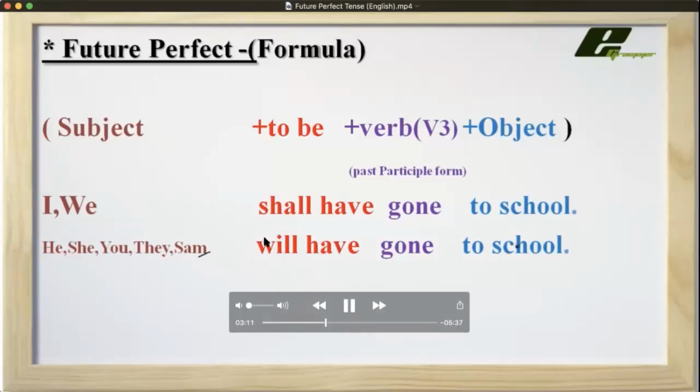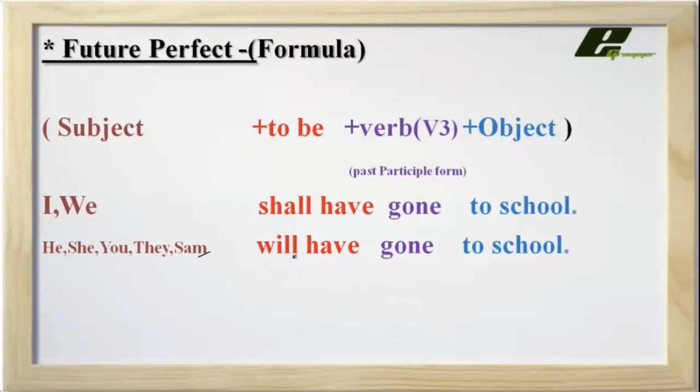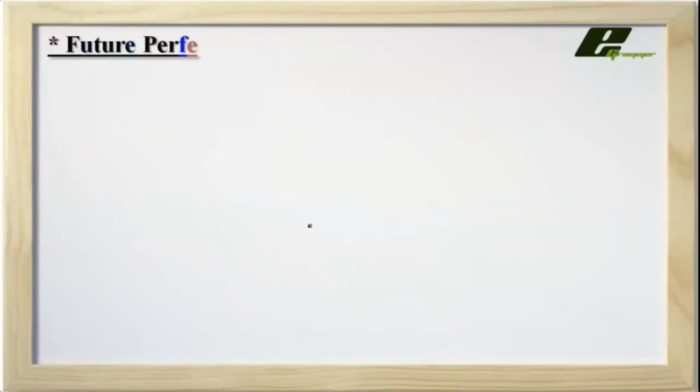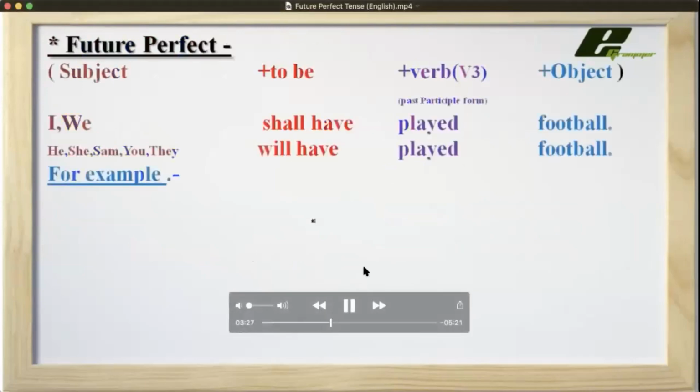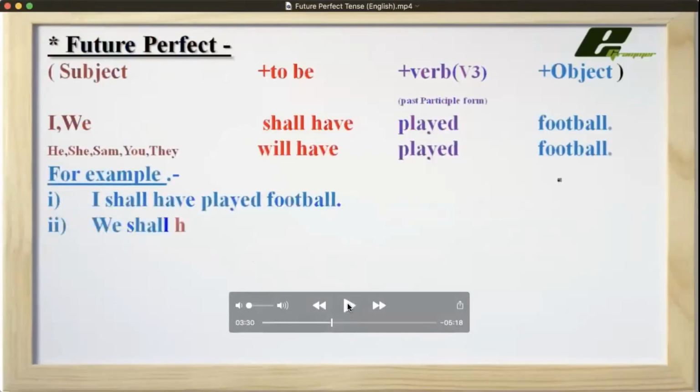Instead of shall, you can use will, because in modern English we omit shall and use will for all persons: the first, second, and third. So here are some examples of future perfect tense.